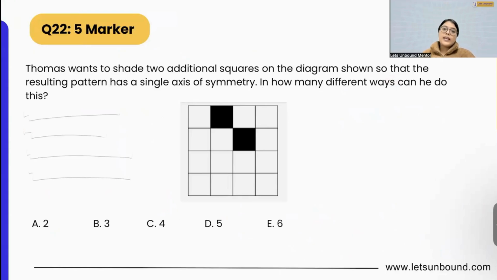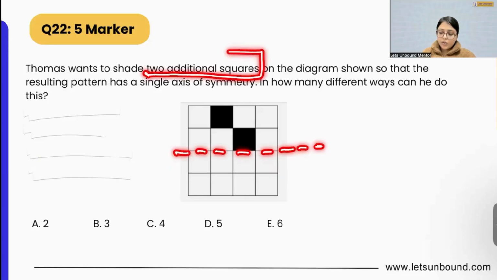So let's just check each axis of symmetry and see what are the possible patterns from every axis of symmetry. So with the horizontal one, don't forget you can use only two additional squares, that's it, right?